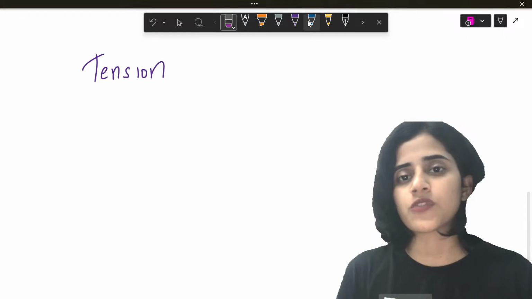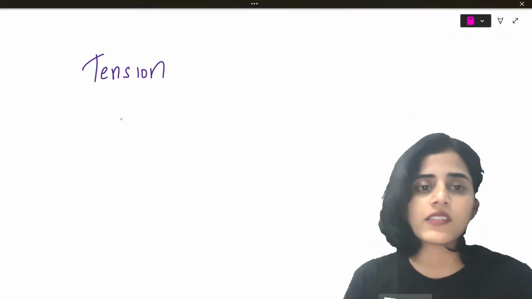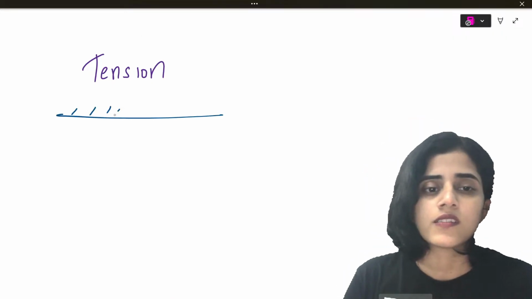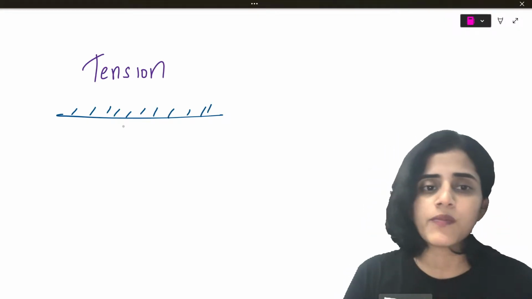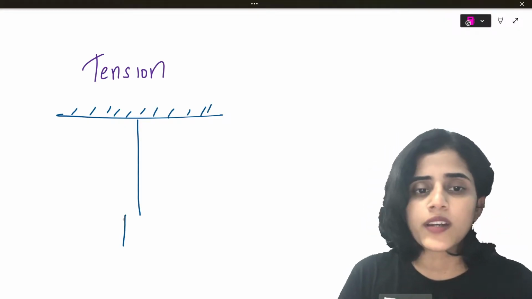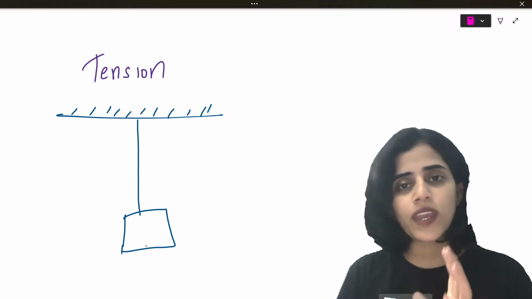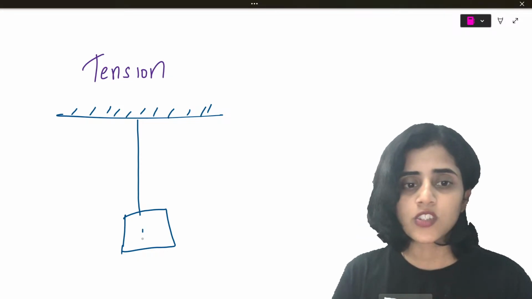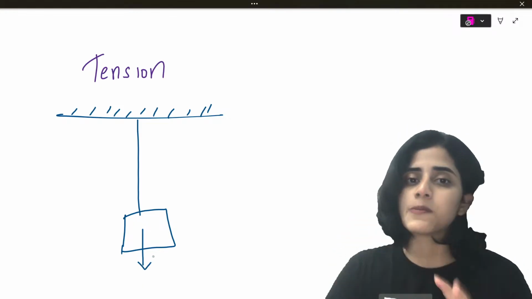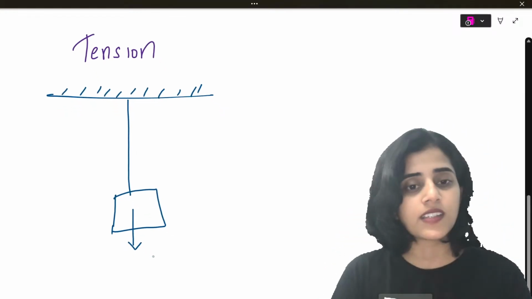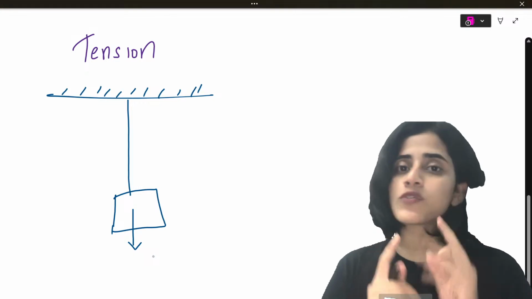Let me draw a picture for that. If you have some support and a string, you attach a mass to it. This mass has a weight, so it experiences a force downwards.